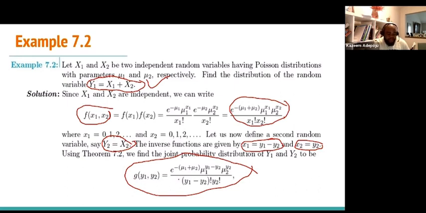Based on the knowledge in class, what I'm seeking is the distribution of Y1, so I'm going to sum this g of y1 and y2 with respect to the variable I'm not interested in. Which variable am I not interested in? Of course, the one that I created.